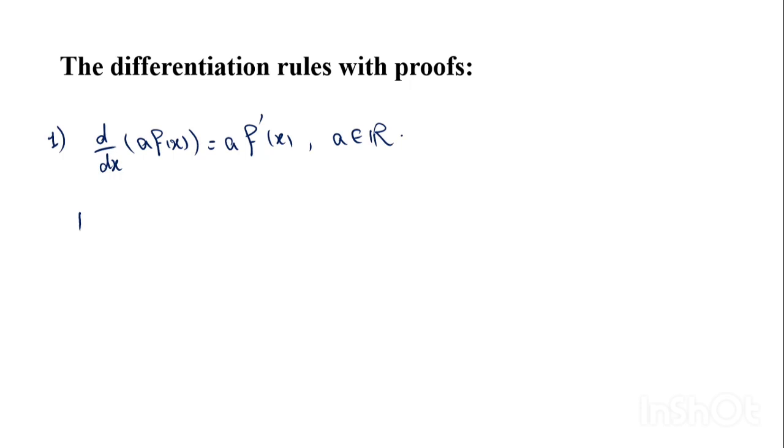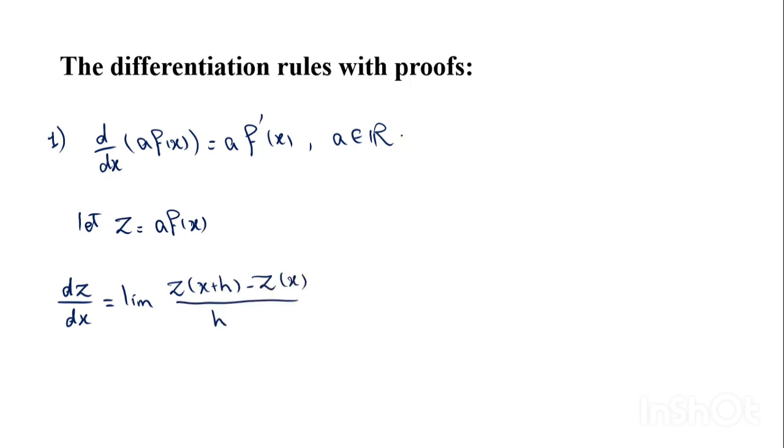We let z to be a times f of x. dz over dx, or dz by dx, is equal to the limit of z of x plus h minus z of x over h as h tends to 0, which is equal to the limit of a f of x plus h minus f of x over h as h tends to 0.